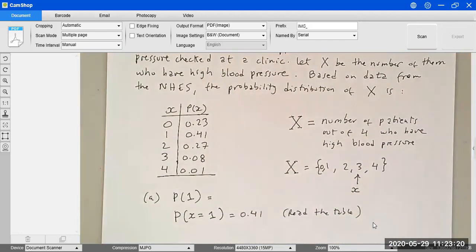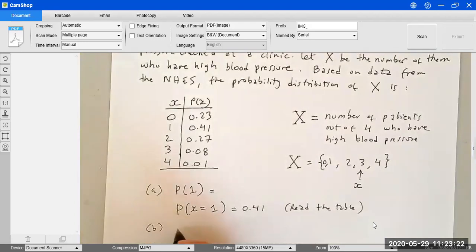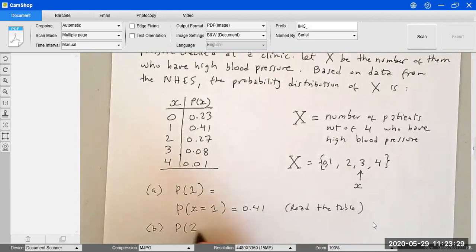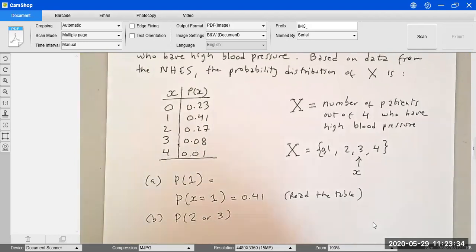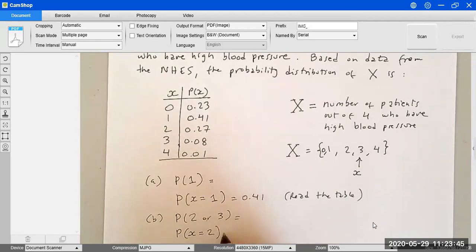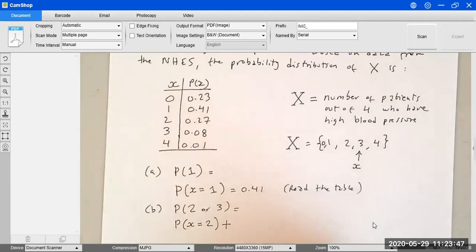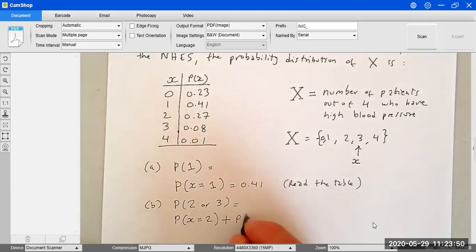Now, the second case. It says the probability that x equals 2 or 3. This is equivalent to the probability of x equals 2, and or means that you're going to use the addition rule for probabilities, the probability of x equals 3.